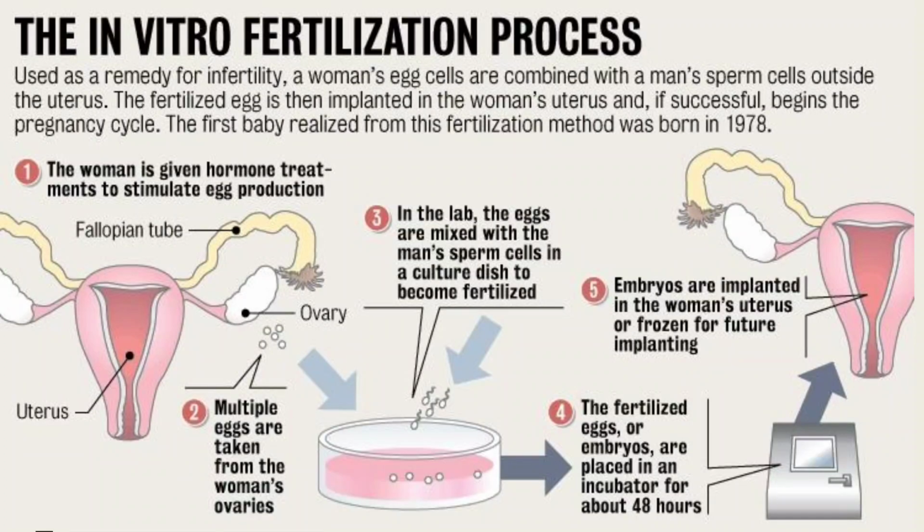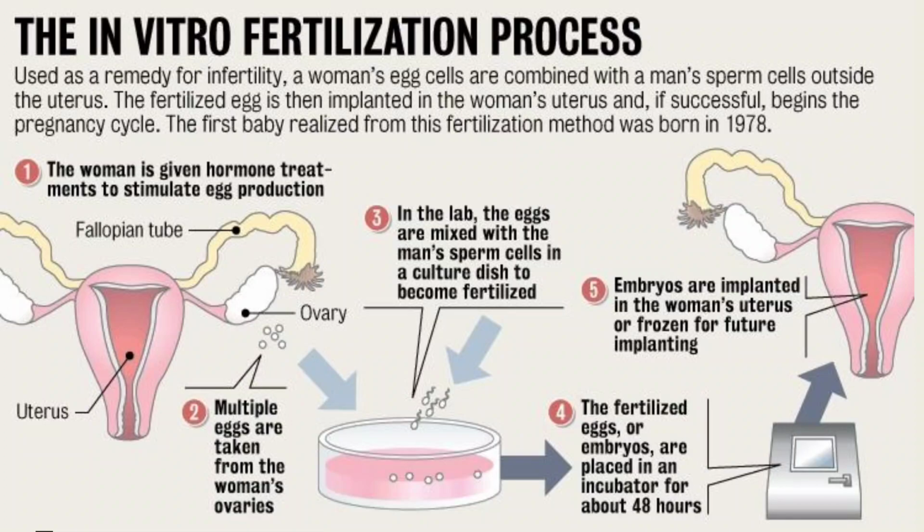In this picture, we can see the procedure of IVF, where the first stage is ovarian stimulation. Here, the woman is given hormonal treatment to stimulate egg production, and the second step is egg retrieval. Multiple eggs are taken from the woman's ovary, and the third step is sperm collection.